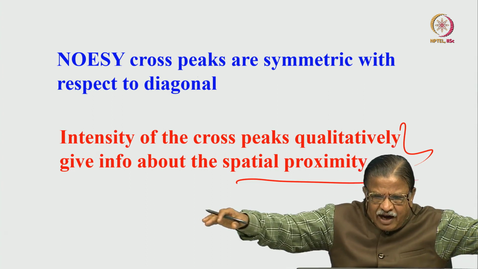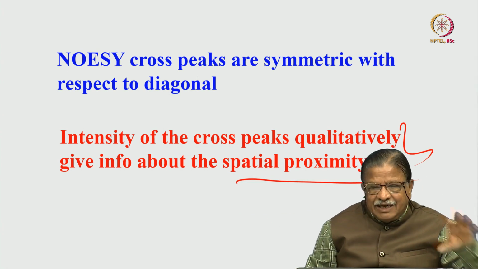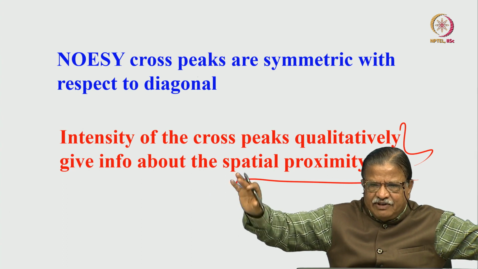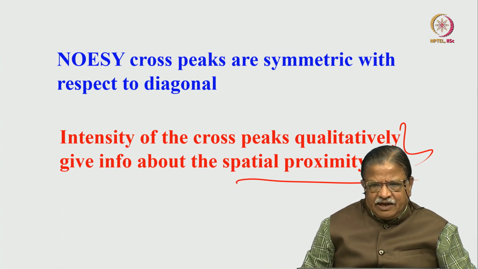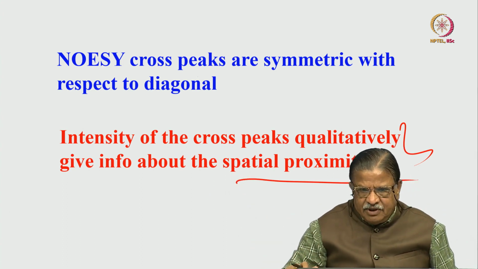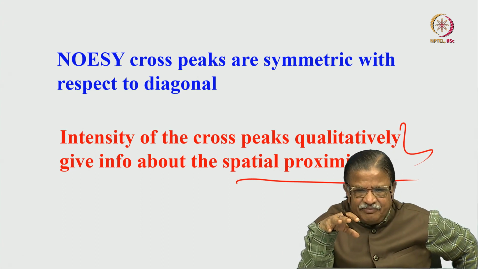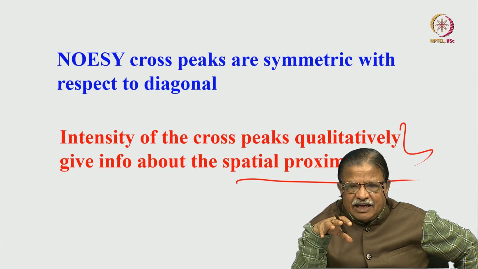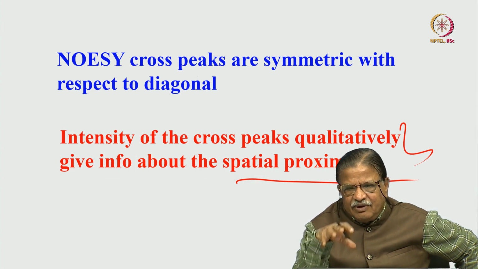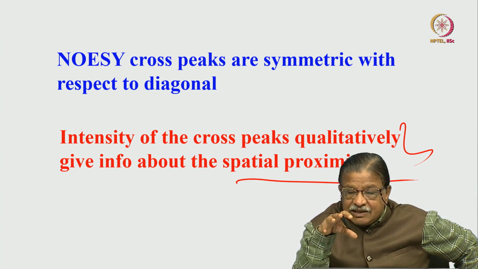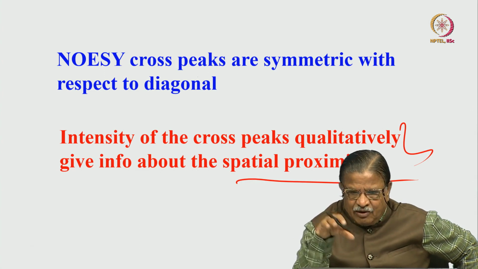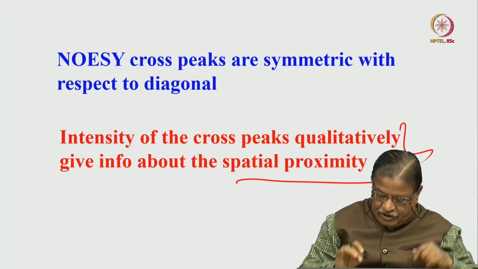If the spins are far apart in space, the intensity comes down drastically, and if they are very far away, there may not be any NOE at all. So qualitatively, by looking at the intensity of the cross peak, you can find out approximately whether they are close in space or not.